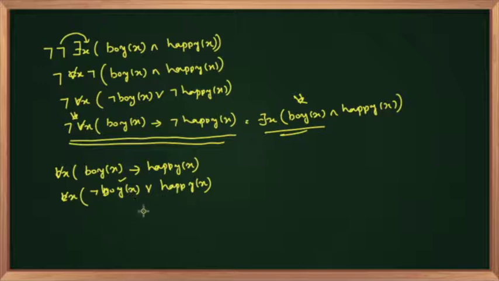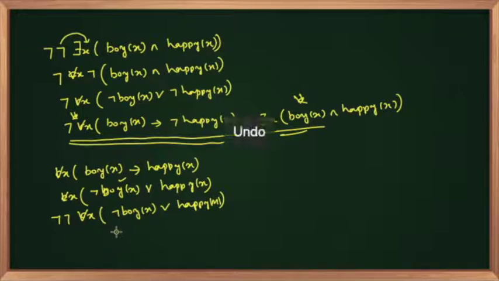I can even rewrite this as, for example, I can do 2 times negation of this statement. So for all x, this will be equal to not boy of x or happy of x, right? Then I can take the negation inside, so that will be not the existence x, not, here I have not boy of x or happy of x, right?